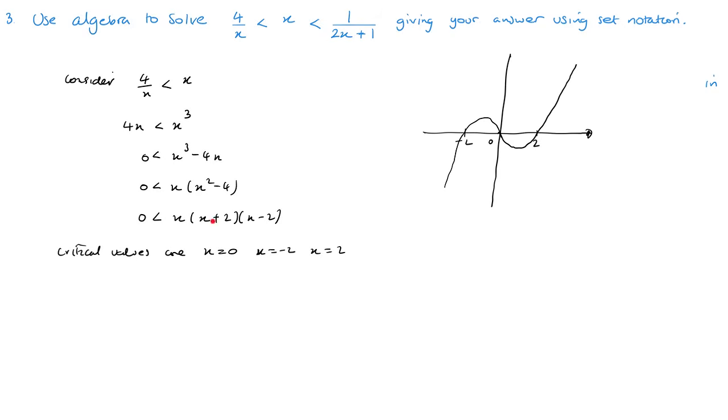Now we want when the graph is greater than 0, so we want the graph above the x-axis. So it's above the x-axis between 0 and -2, and it's above the x-axis when it's greater than 2. So that's what I've got so far. Now let's look at the other one.